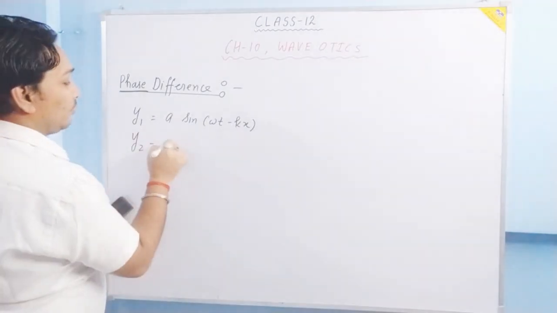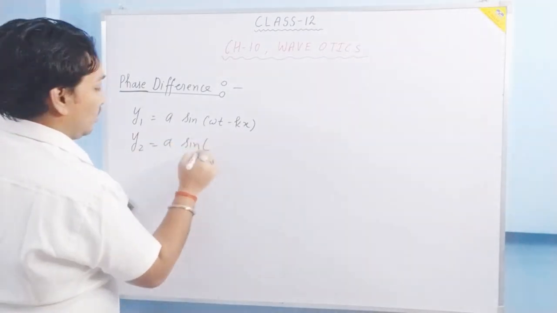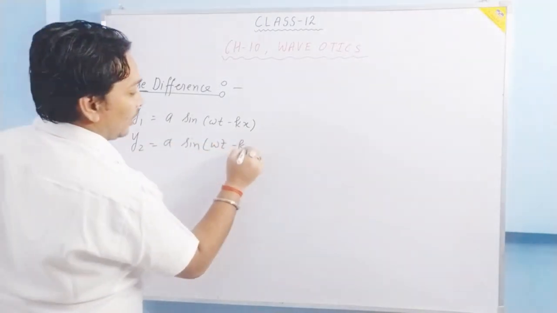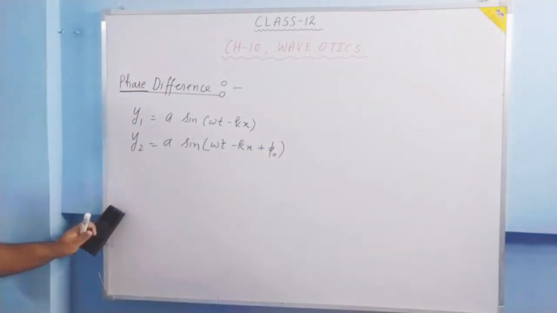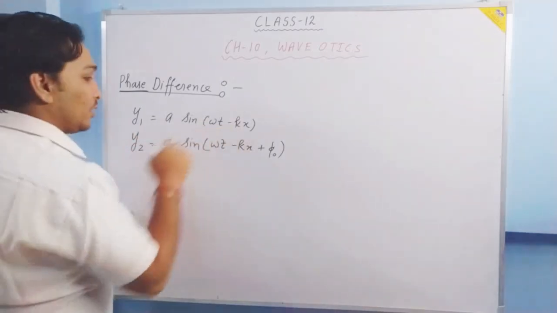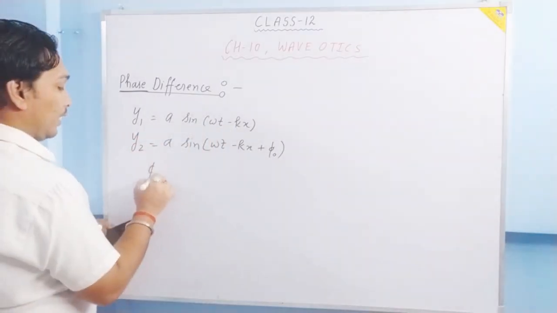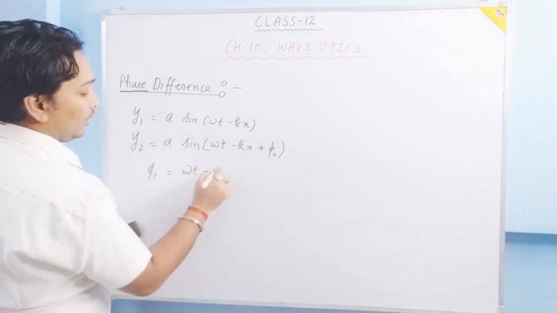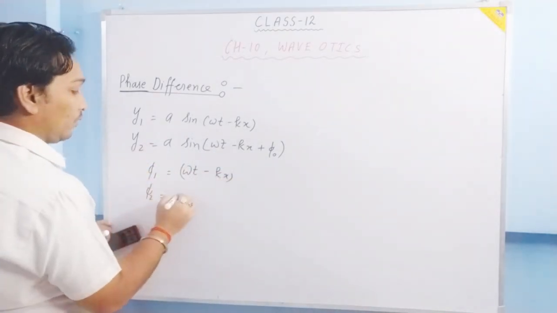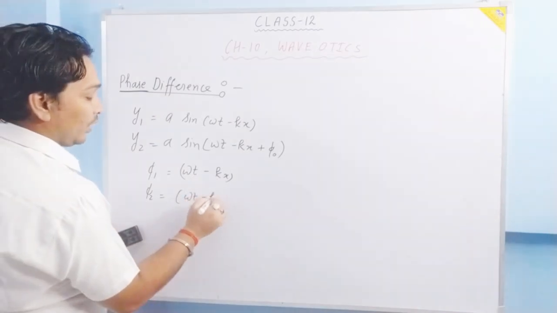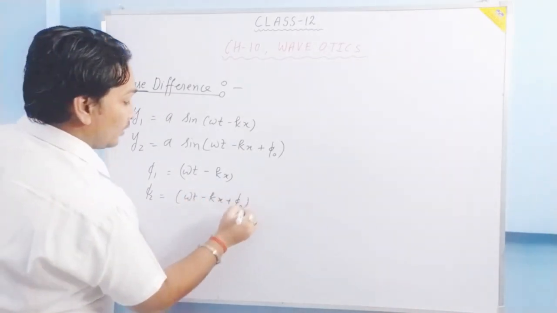Another wave y2 is equal to A sine (omega t minus kx plus phi naught). If I write the phase of the first one, we have phi1 is equal to omega t minus kx. If I write the phase of the second wave, phi2 is equal to omega t minus kx plus phi naught.